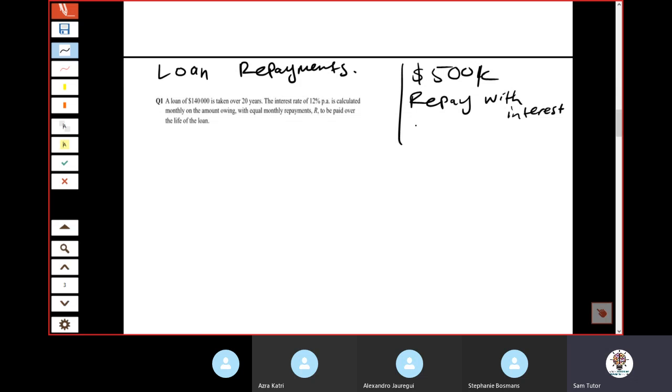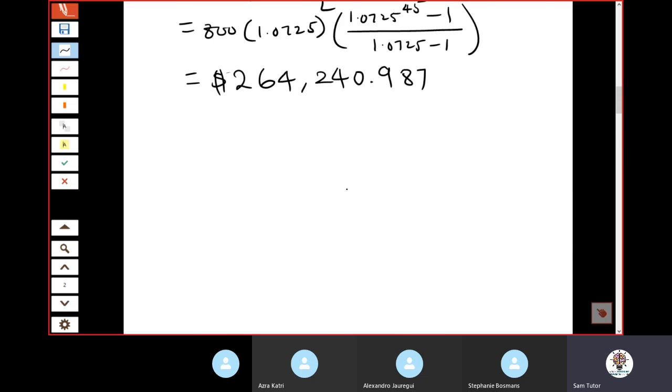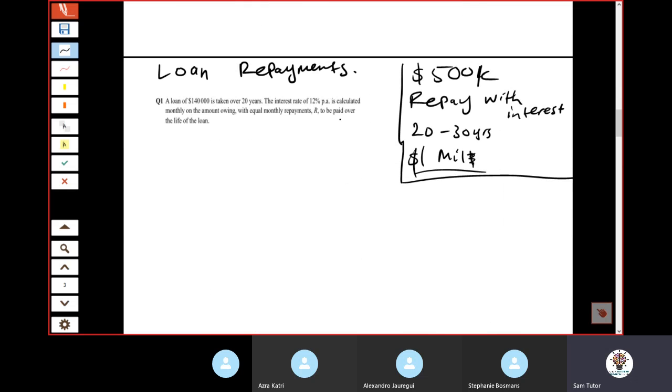Usually loans are for about 20 to 30 years, and the amount you usually pay back on average is double the amount that you borrow. So if you borrow 500,000, you can expect to pay back 1 mil. So it's a lot. That's when you start understanding superannuation and loan repayments.